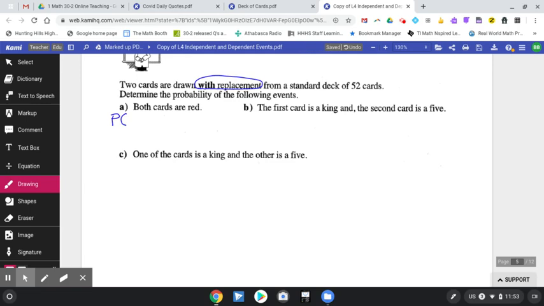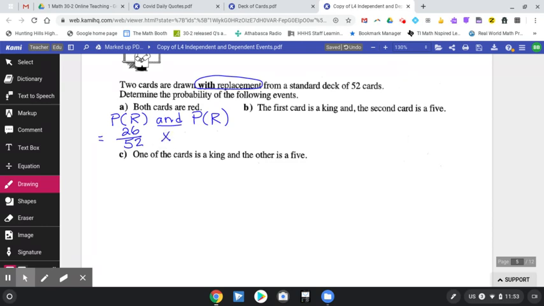So the first card, we're looking at probability of red, and second card, probability of red. So I'm drawing my first card. 26 out of 52 cards are red, and means multiply.